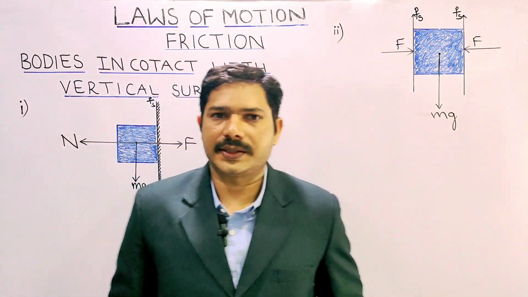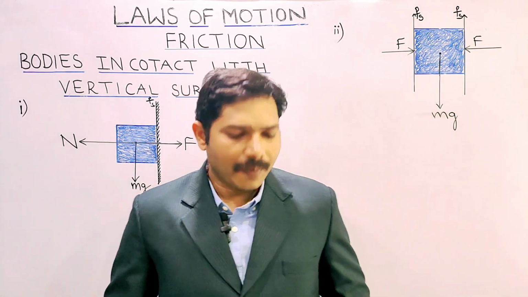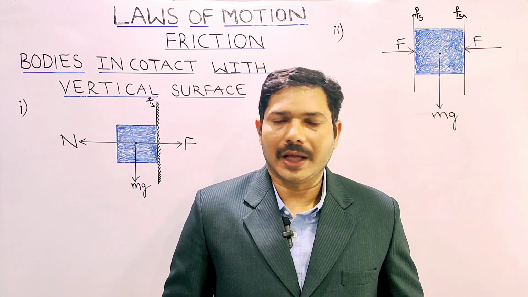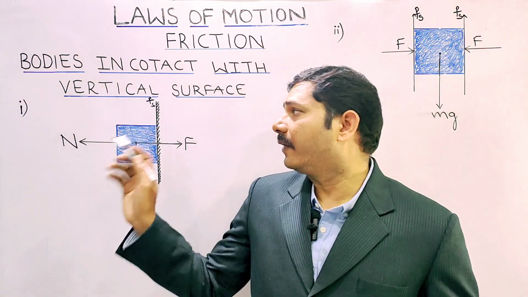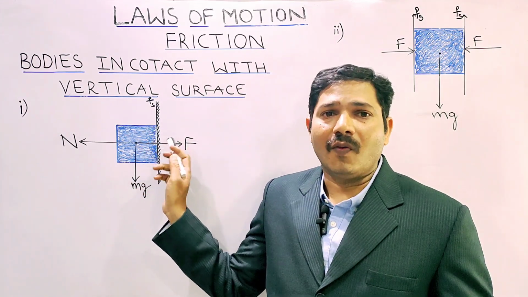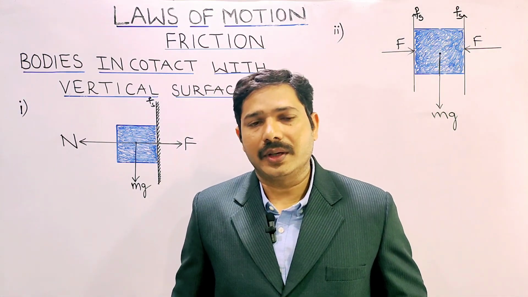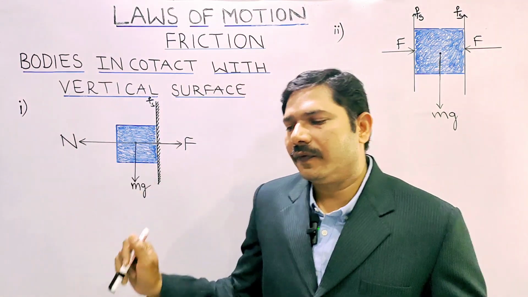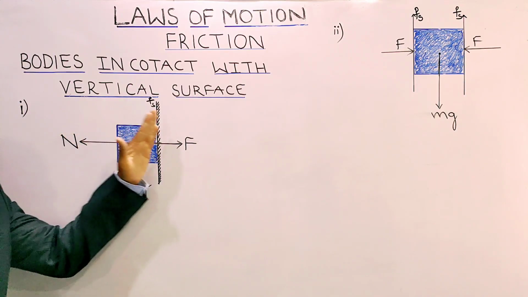Now we observe another case. On a horizontal plane we observed the normal reaction of bodies. Now take a vertical plane, for example a body of mass m on a vertical surface. To keep it in equilibrium, we have to apply some amount of force F on the body.